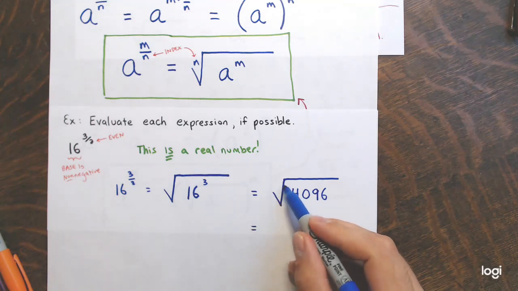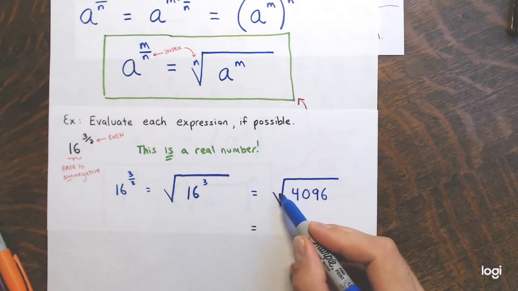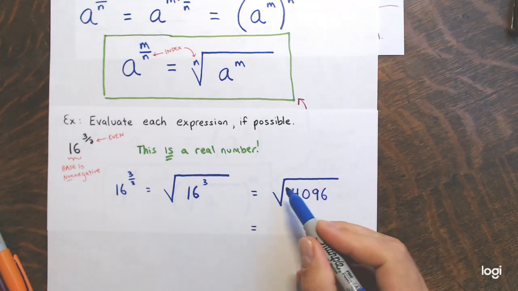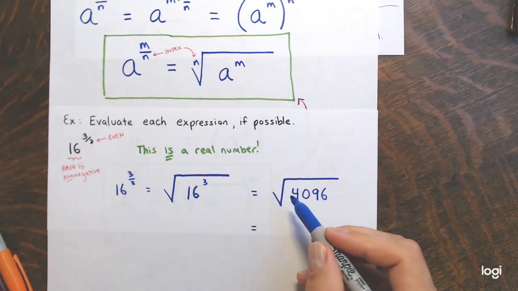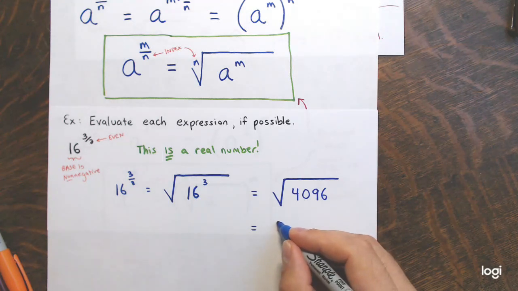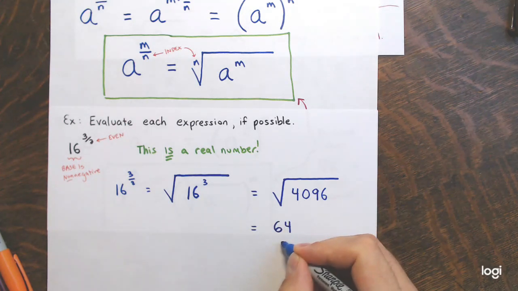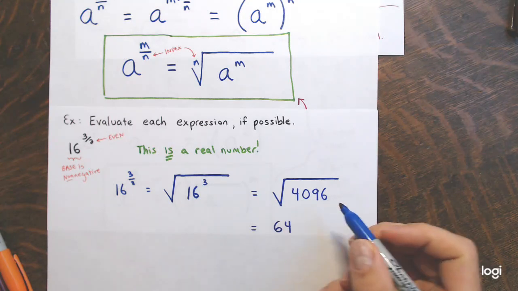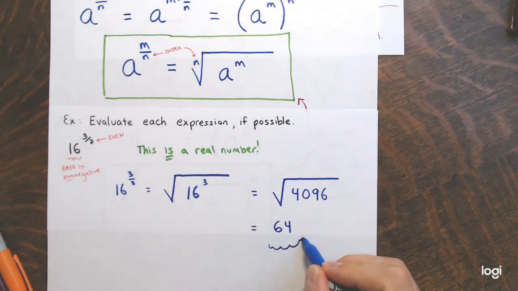Remember, an even indexed root is asking for the principal square root, the non-negative one, because this is positive 64. Because 64 times 64 is 4,096, and I just punched that in the calculator really quick.